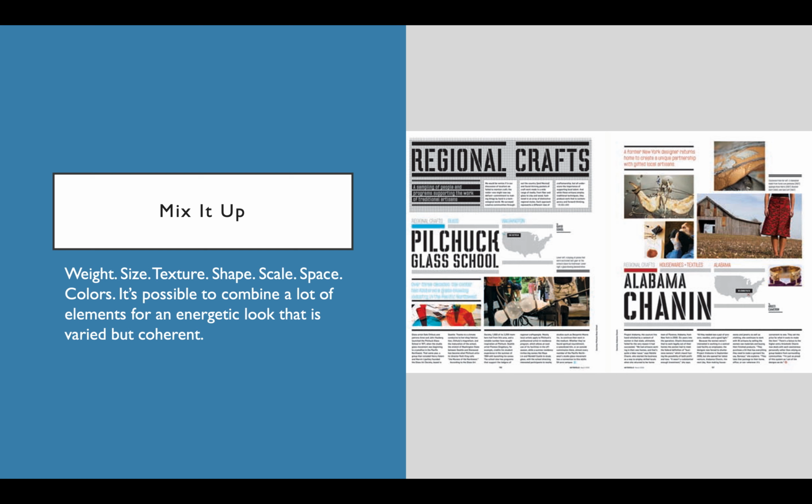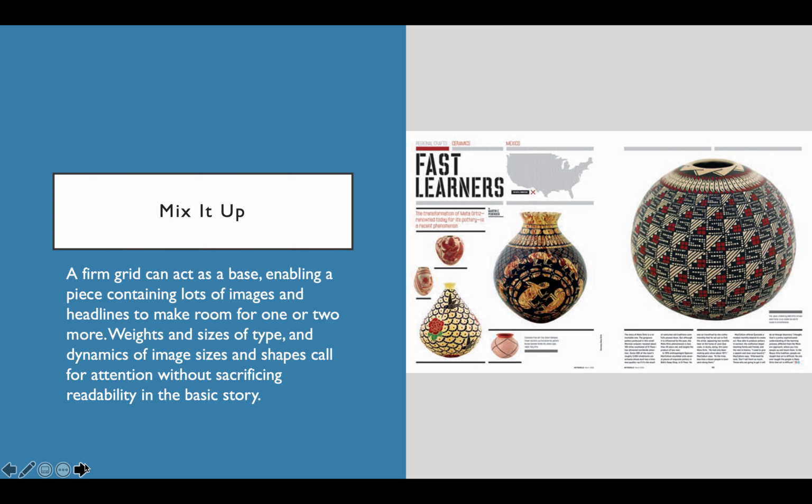So this, again, we're going to see a couple spreads from a magazine, and they're using color to talk about what kind of craft is being done in the region, and to highlight visually where in the US we're talking about. But we use a variety of shapes, we use weight, we use fonts, all those ways to kind of make things really interesting and fun and play off of this craft aesthetic, but it's still super, super readable.